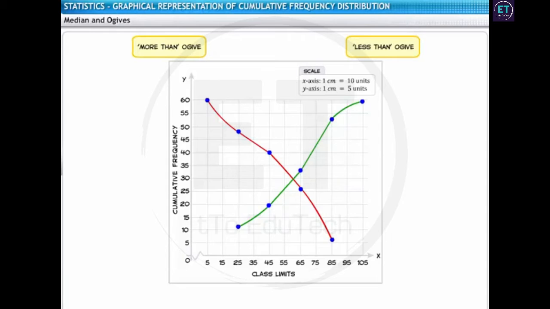The two ogives will intersect at a point. Draw a perpendicular to the x-axis from the point at which the two ogives intersect. The point where the perpendicular intersects the x-axis gives the median of the grouped data. Note that by this method, the median of this grouped data is also approximately 59.